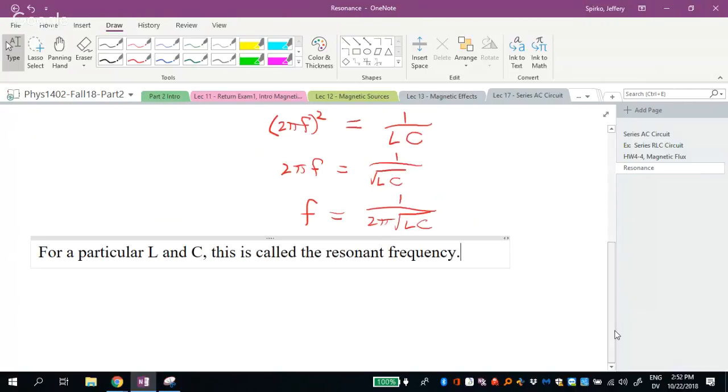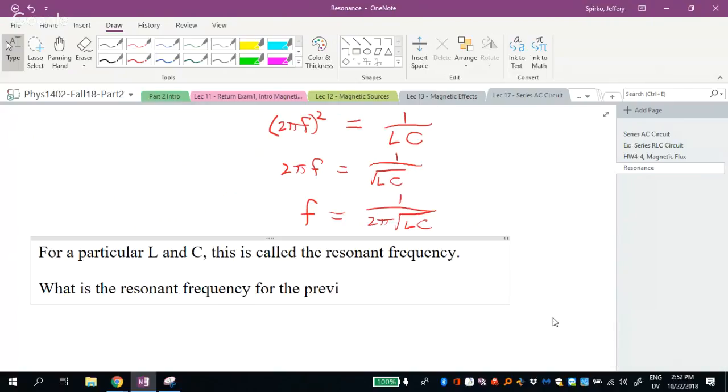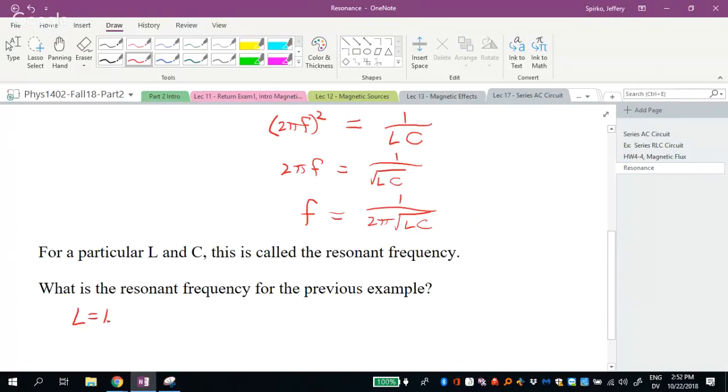So let's figure out what's the resonant frequency for that previous example. L was 1.0 henries and C was 1.0 microfarads. Those were the values from the previous example. So that means that I can calculate the frequency of resonance.